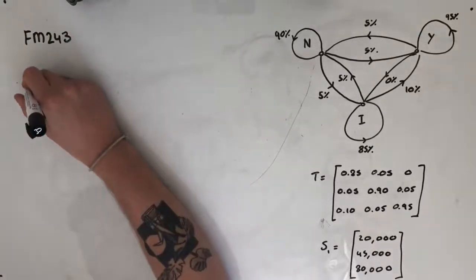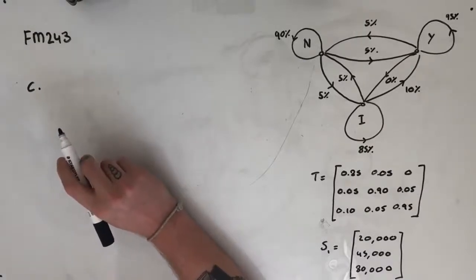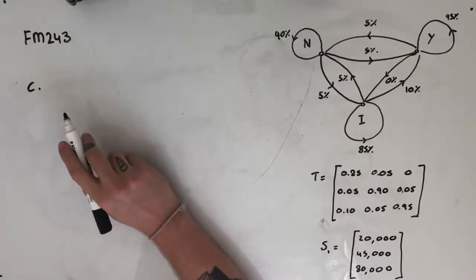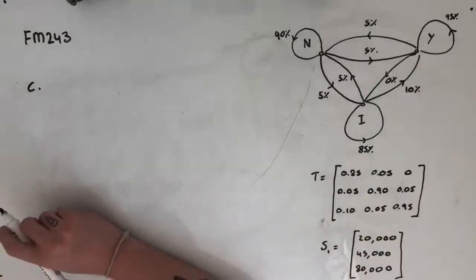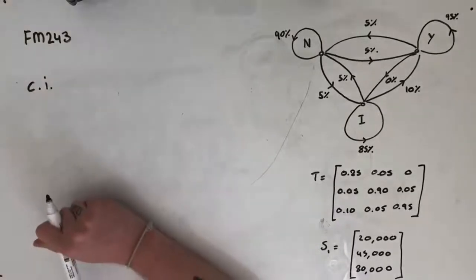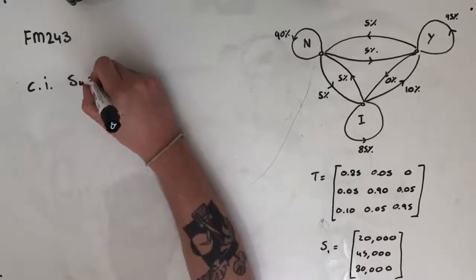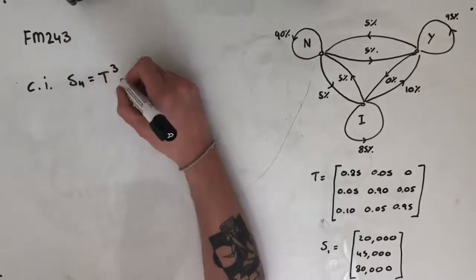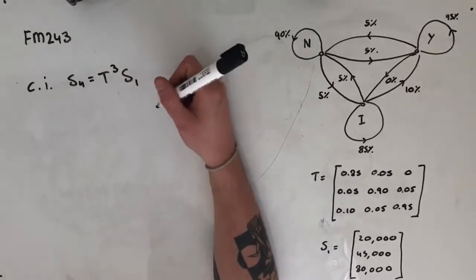Question C then says, the information in the transition diagram has been used to write the transition matrix T shown below. So we're given this transition matrix here, T. And then part I says evaluate the matrix S4 equals T to the power of 3 times S1, and write it down in the space below.